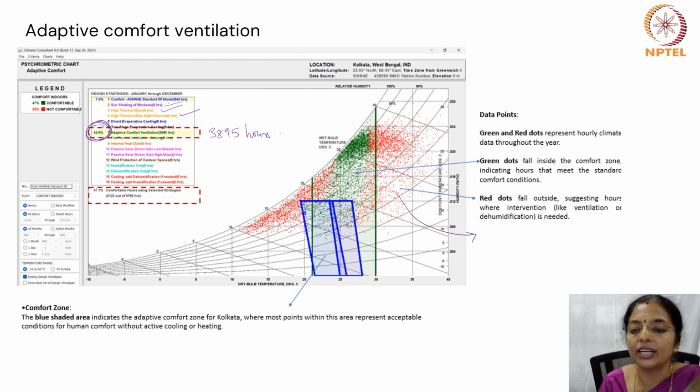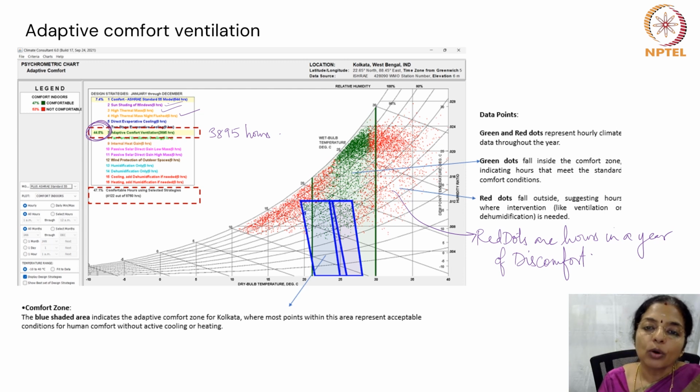So red dots are hours in a year of discomfort. Every dot is 1 hour of the year.